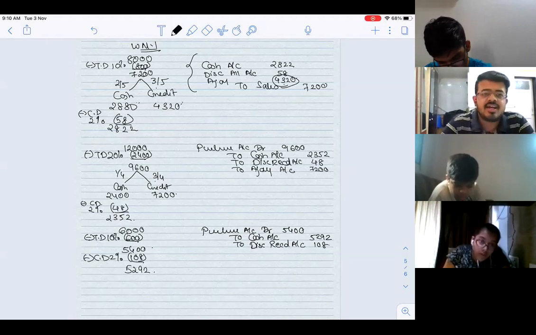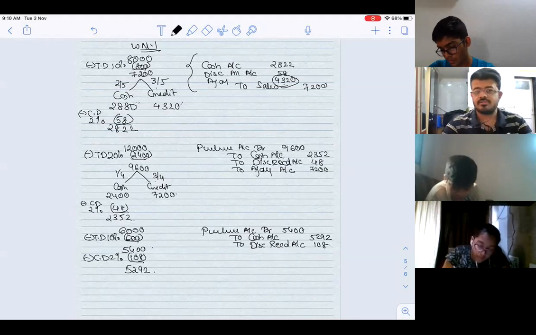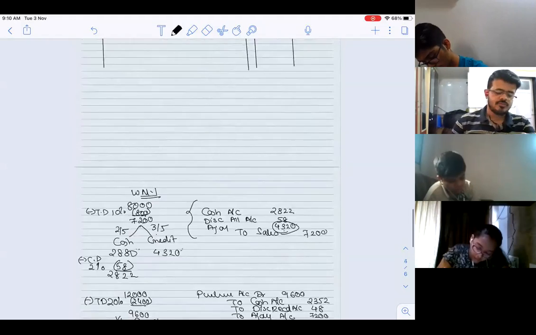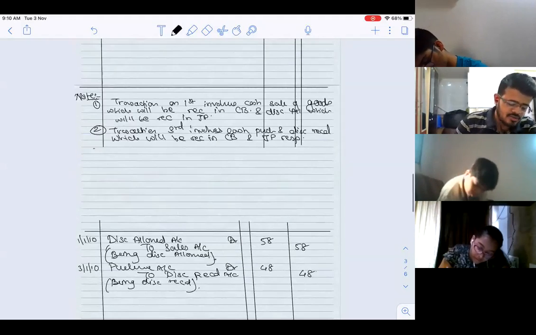अभी will this entire entry go in cash book? नो, इसमें से purchase to cash will go in cash book and purchase to discount journal proper. JB. Journal proper. Write down the third note.